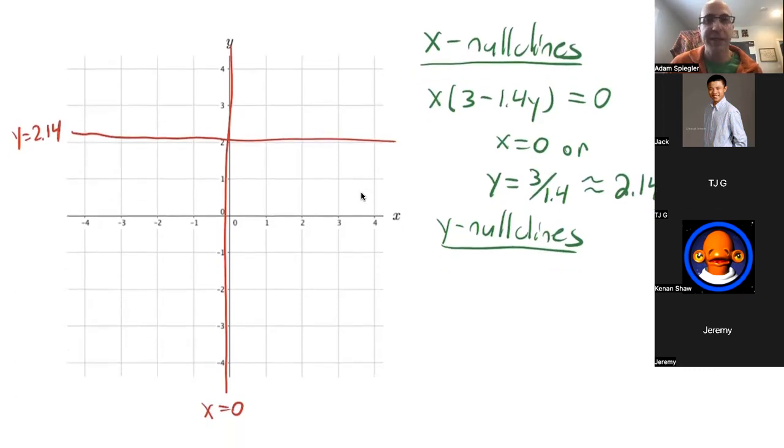If it helps to check your thinking as you're going along, I'm just plotting the x-nullclines at this point without any vectors on them yet. So if you have any questions on what I've done so far, feel free to chat them in or unmute yourself.